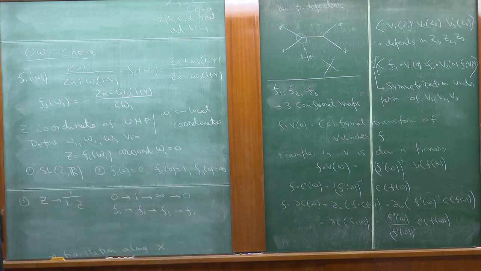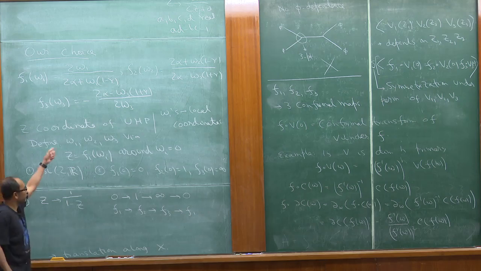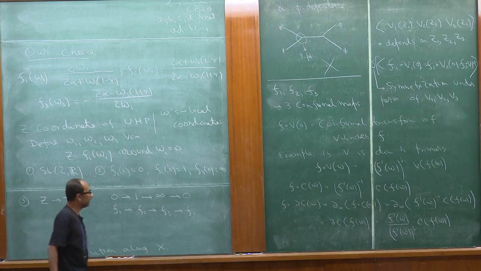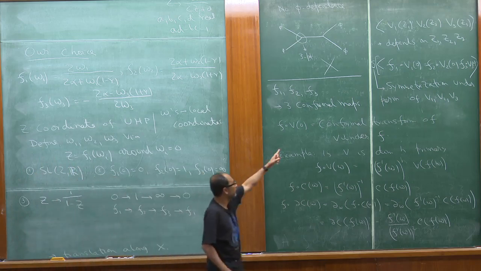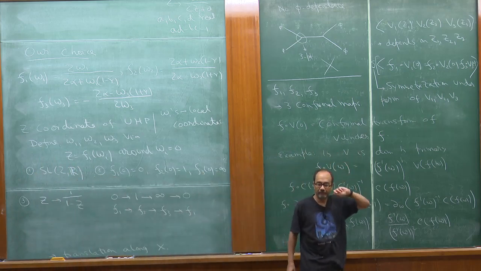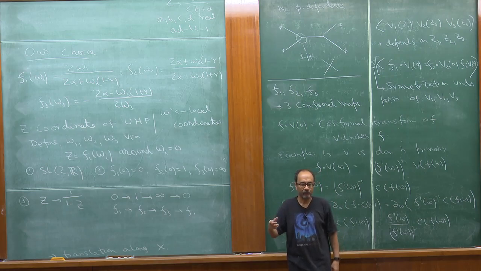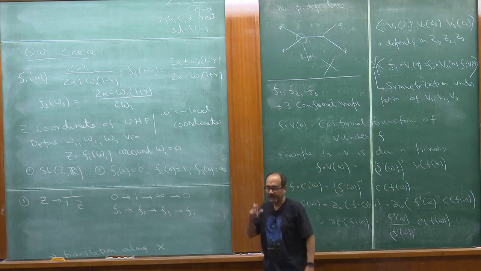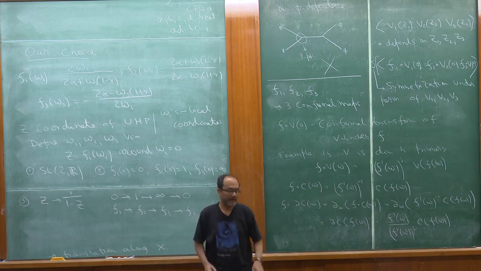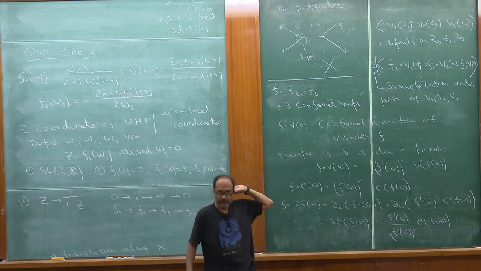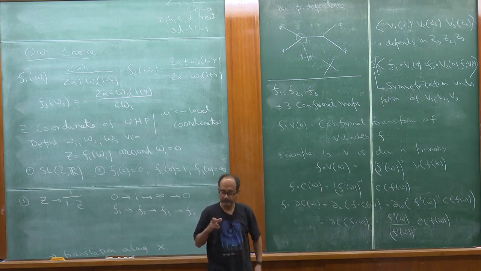So this means that if we make the choice this way, it's not necessary, but suppose you do it this way, then the 3-point function with f1 dot v1, f2 dot v2, f3 dot v3 is already cyclically symmetric, because you can use SL2R to map f1 to f2, f2 to f3 and f3 to f1. So the vertex is already cyclically symmetric. That symmetrization only has to make it fully symmetric.